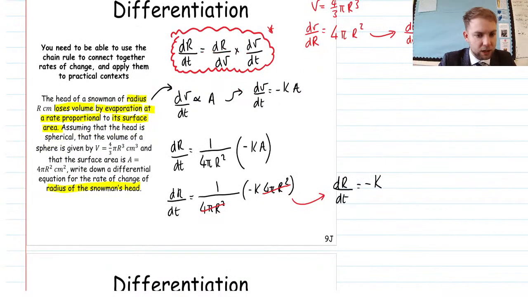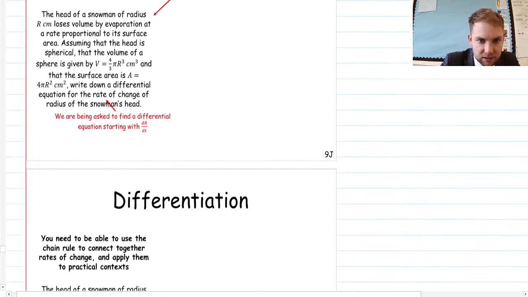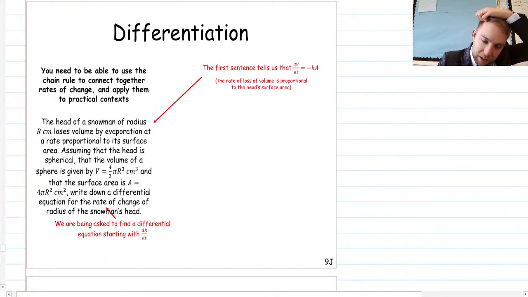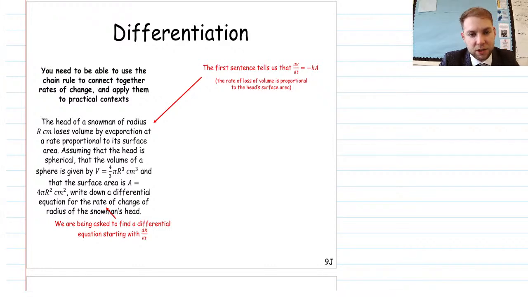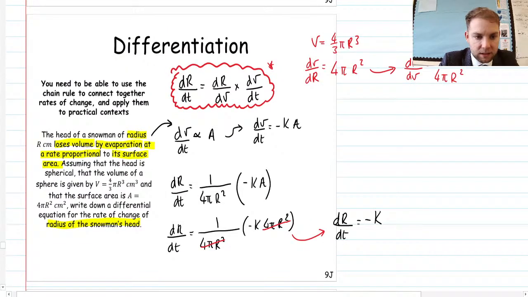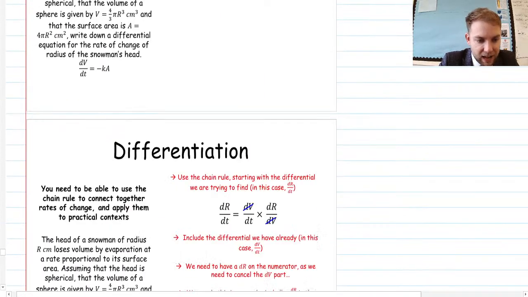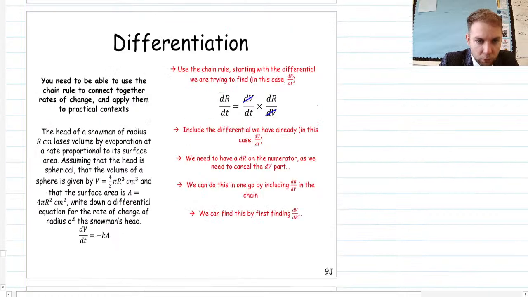Okay, let's very quickly go through this then. So just check those answers. The first thing that we need to know is that dv by dt is proportional to A, which is equal to minus KA, because it's decreasing. The next part, we need to use the chain rule. We're trying to find the rate of change in terms of t, but we can't find that directly.